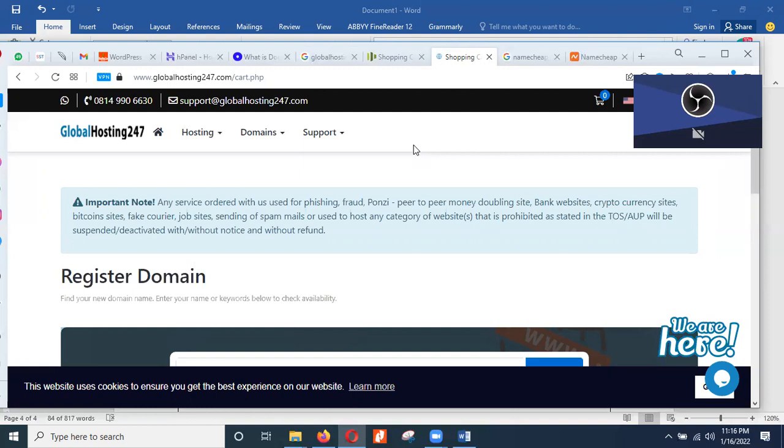Those files, those videos have to be kept somewhere. And where is it kept? It is kept in a server. And who gives you access to that server? A hosting company gives you access to the server.